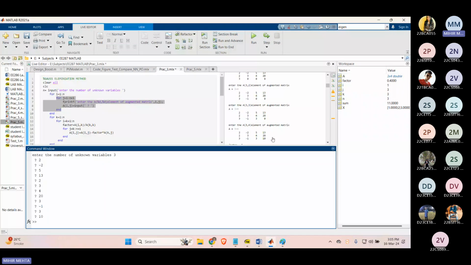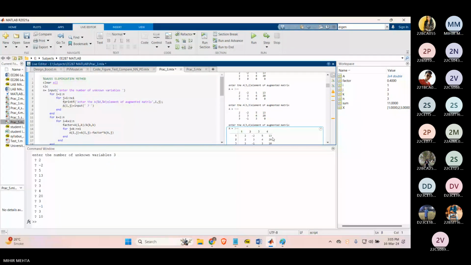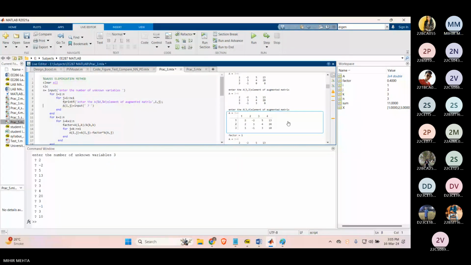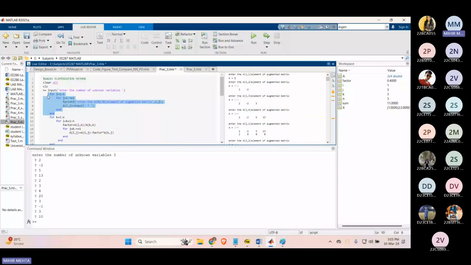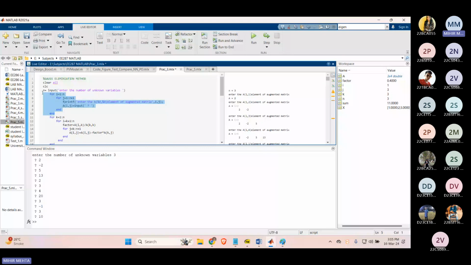So we have reached this particular point. This ends the part where I have to enter the number of rows, first of all the unknowns, then the values of each row and column.